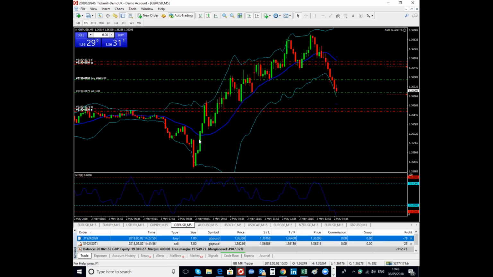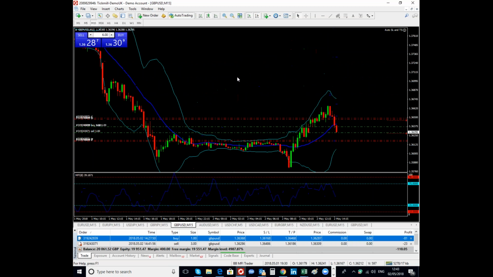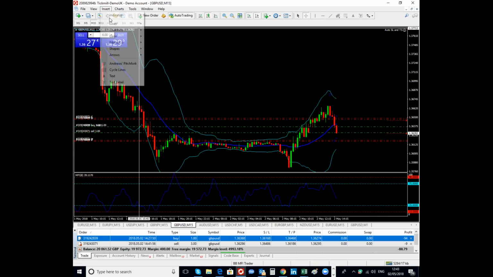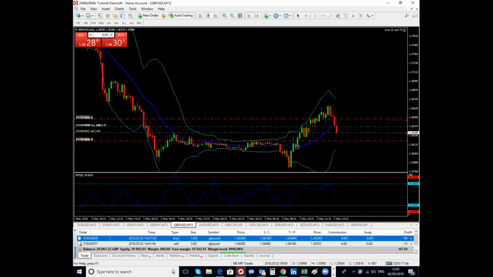This here could be more so looking to come down to find the lower band and also the level here. So if I put this in, that would add up quite nicely. That would correlate quite nicely is what I'm looking for here. So let's move that out of the way.